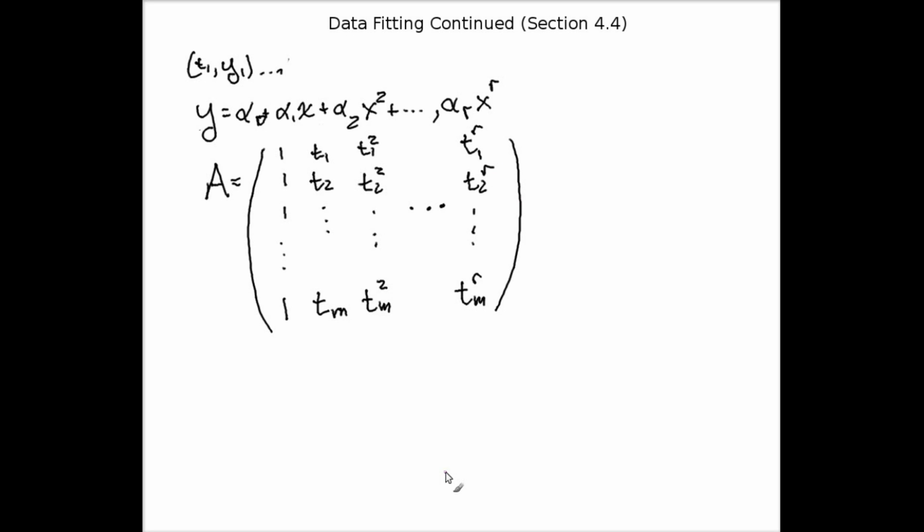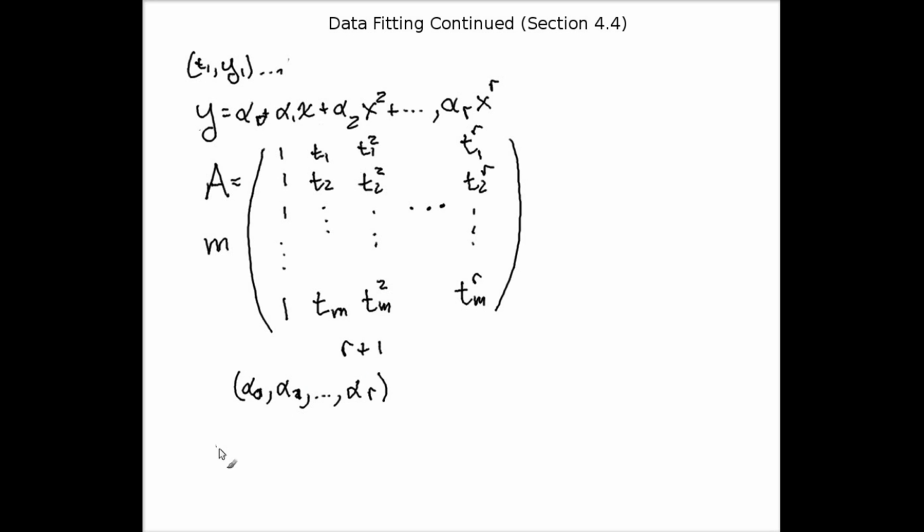Pretty interesting, huh? So what size is this? This is an m by r plus 1 matrix. And the vector that we're looking for, this target vector, is alpha 0, alpha 1, up to alpha r, which is an r plus 1 vector.